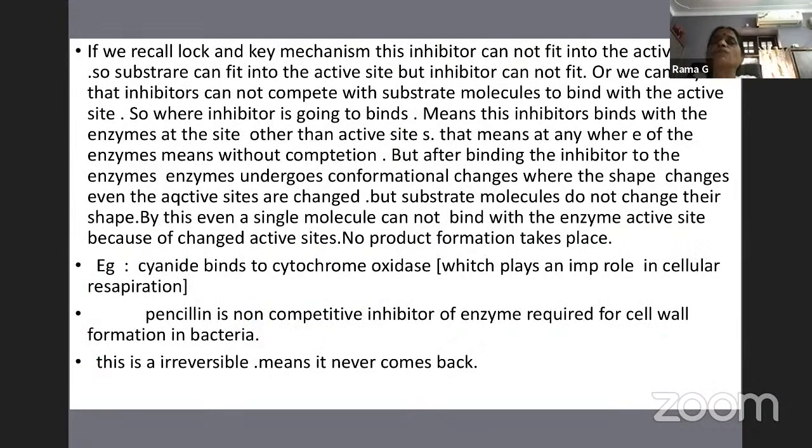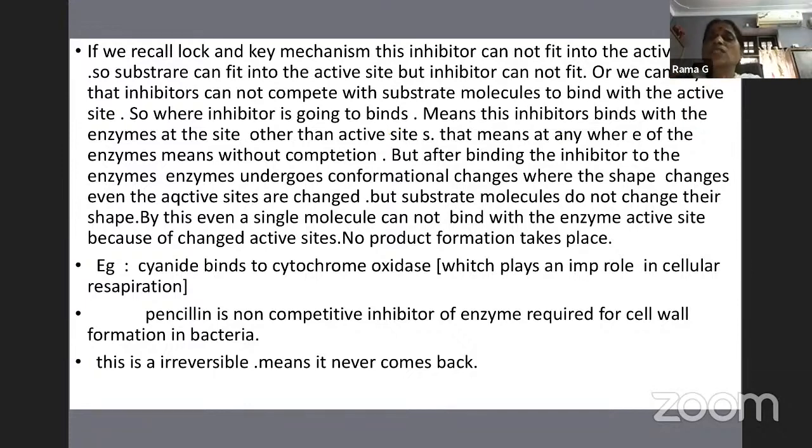For example, cyanide binds to cytochrome oxidase. This cytochrome oxidase plays an important role in cellular respiration. We know that if respiration takes place at the cell level, that is called cellular respiration, and during cellular respiration the cytochrome oxidase plays an important role.